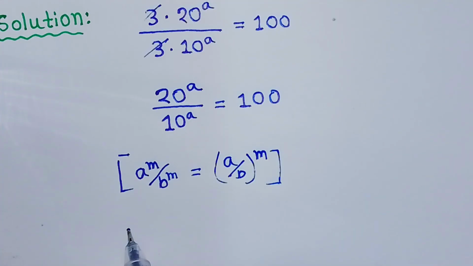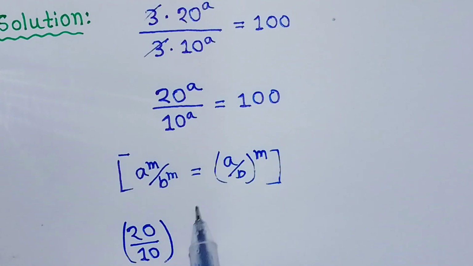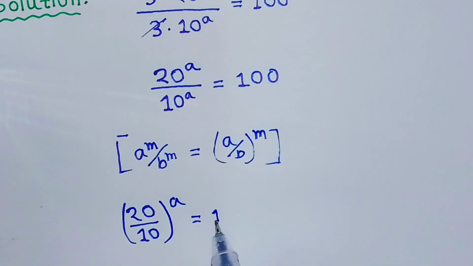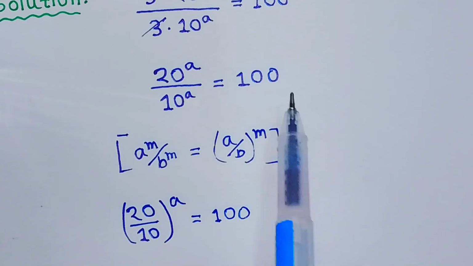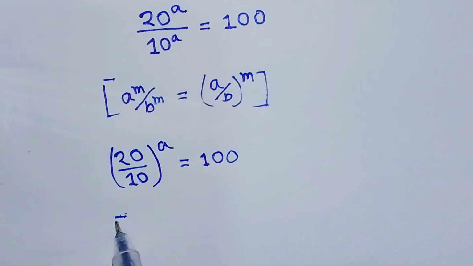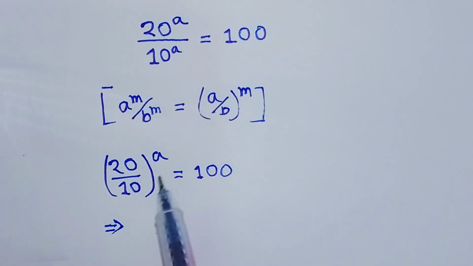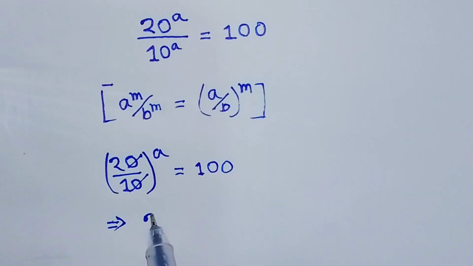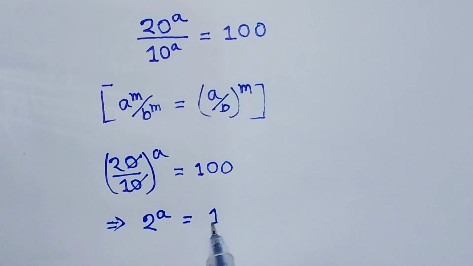Then we'll get (20/10)^a equals 100. So then we can write, this 0 and this 0 will be cancelled out. Then we'll get 2^a equals 100.